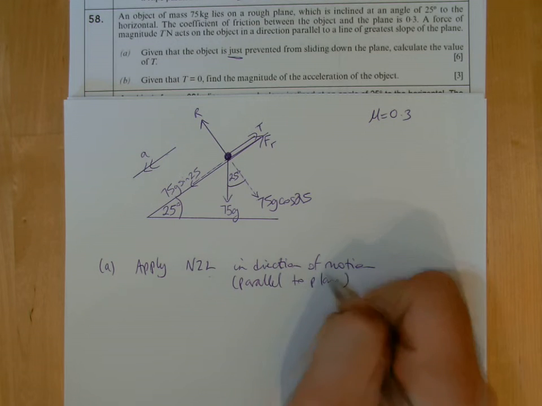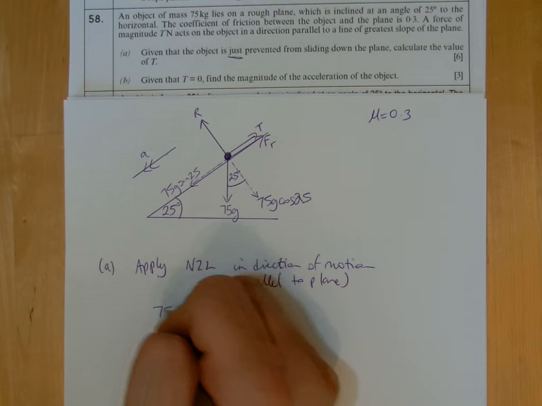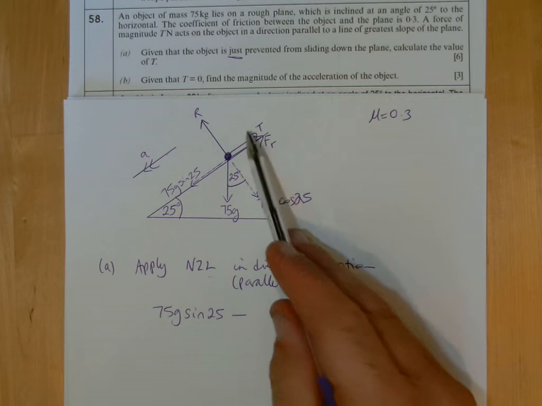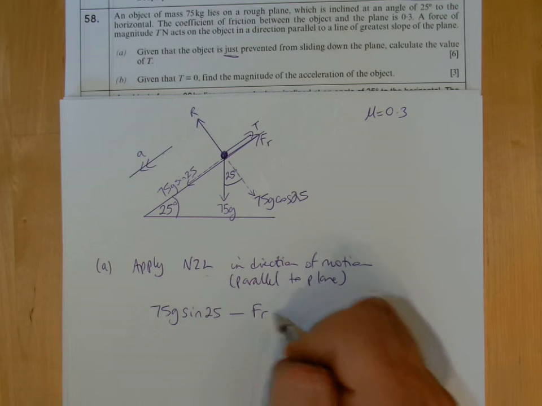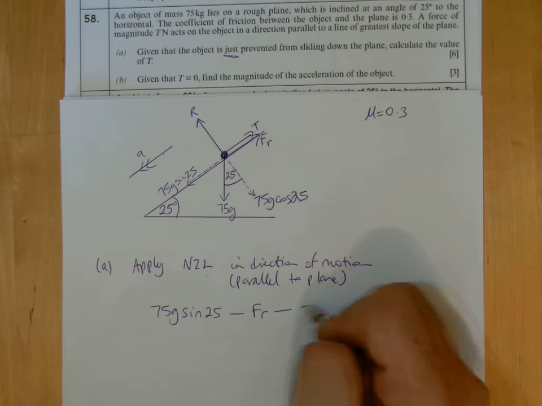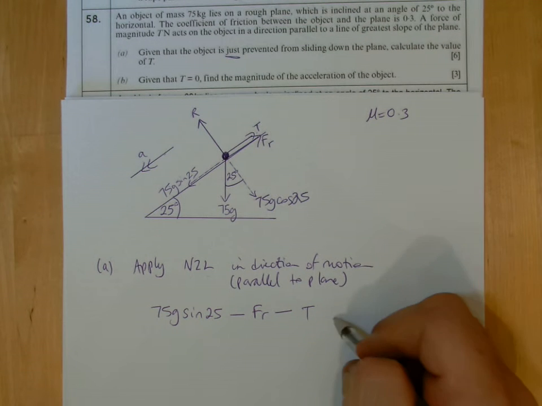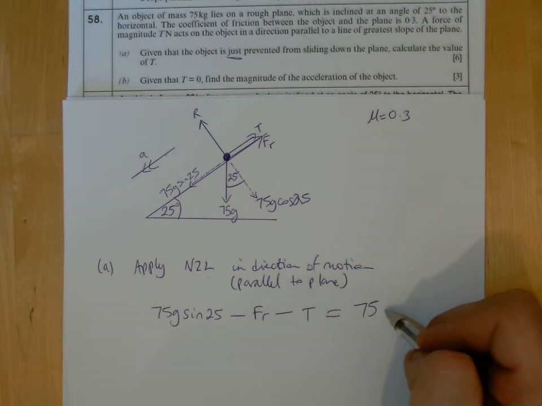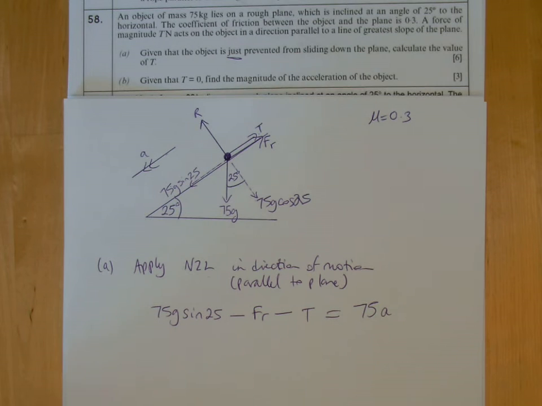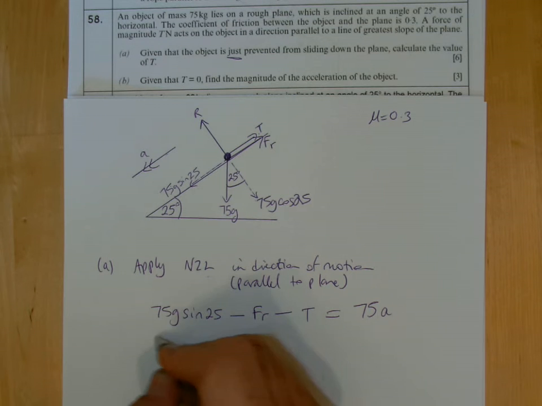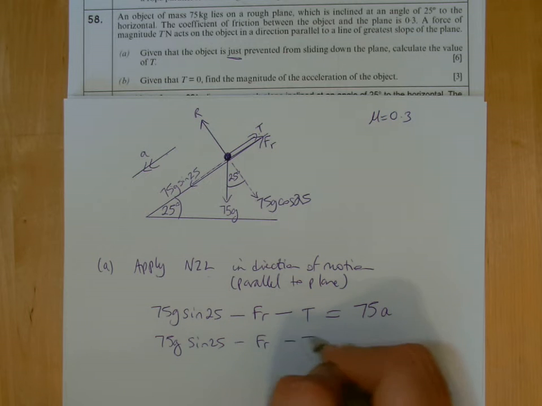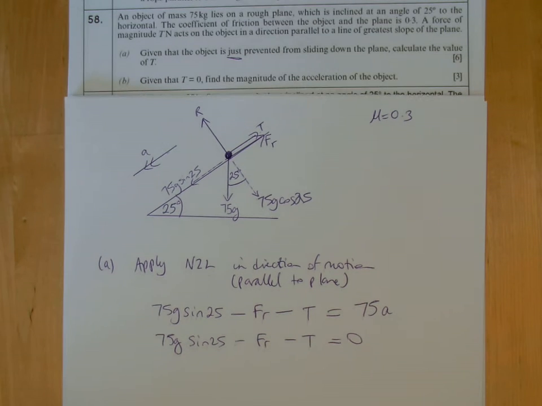So we've got 75g sine 25, take away the friction, which is opposing it, and also take away this T force, which we're asked to work out. That will equal the mass times acceleration, so 75 times A. But it's just been prevented from sliding down, so A is going to be 0. So we'll have 75g sine 25 minus friction minus T equals 0.